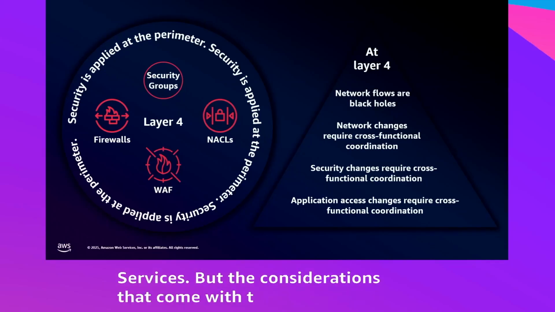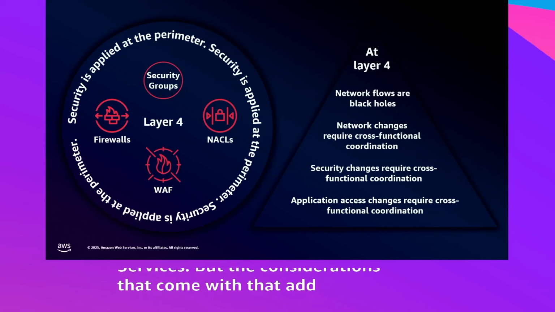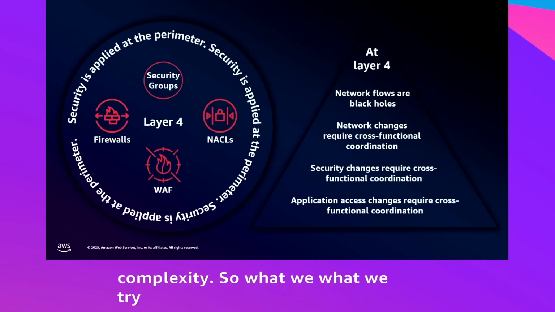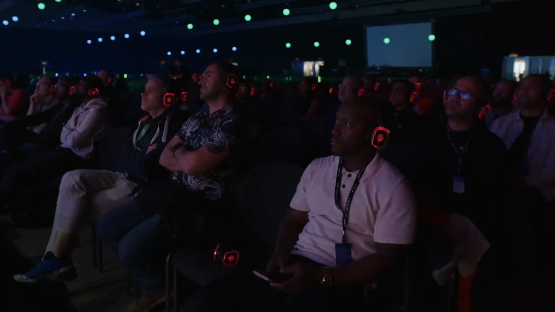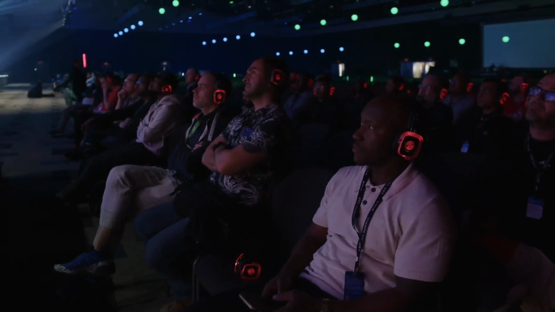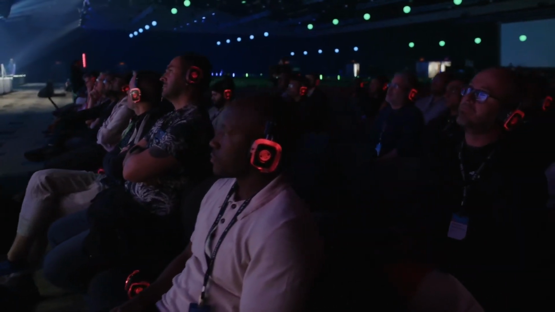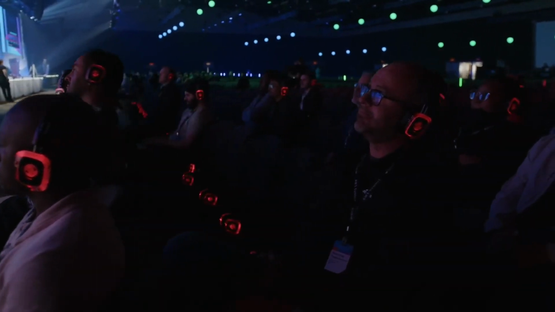So what we try to do with the capabilities that we're providing is how do we provide simplicity? How do we provide the capability to be able to link security groups across transit gateways, across VPCs, across accounts, and simplify that capability?